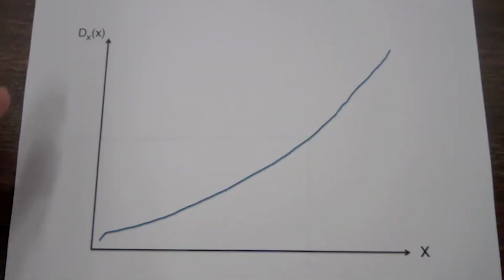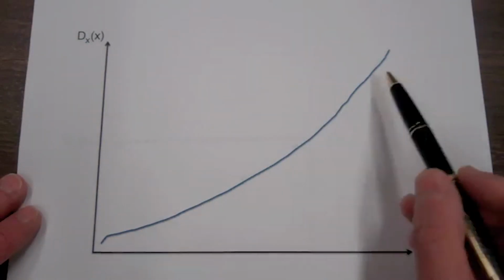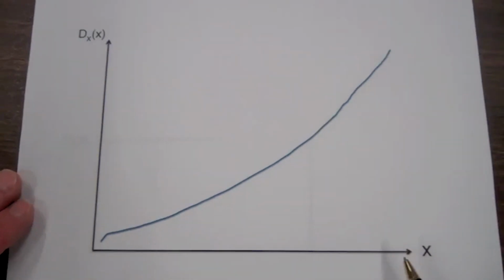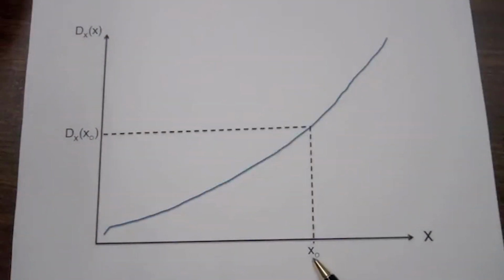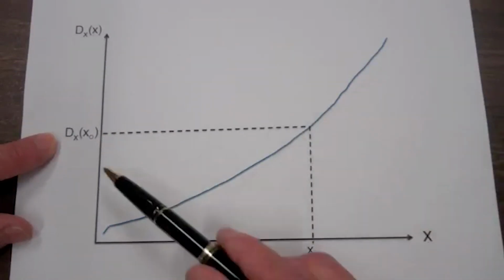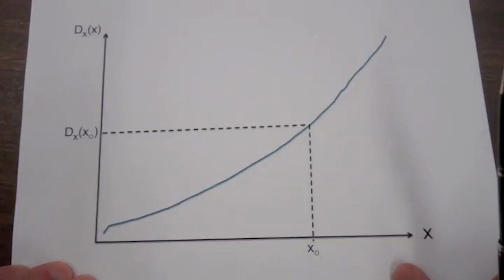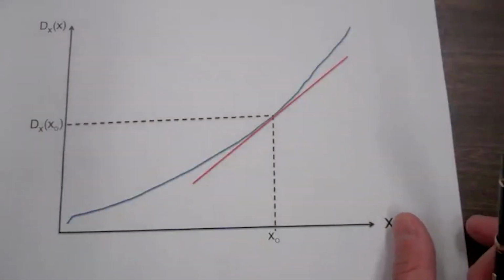So here we have a plot of the electric flux density field in the x direction as a function of x. Let's assume the center of the cube is at x sub 0, and we know the value of D sub x at x sub 0.